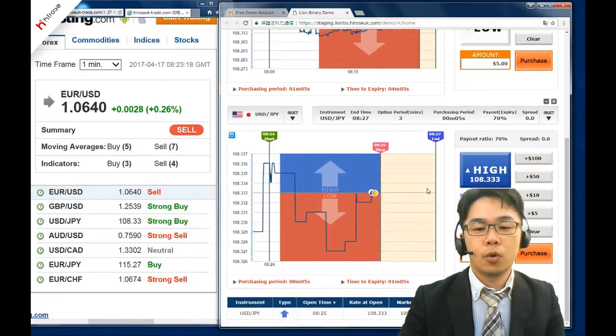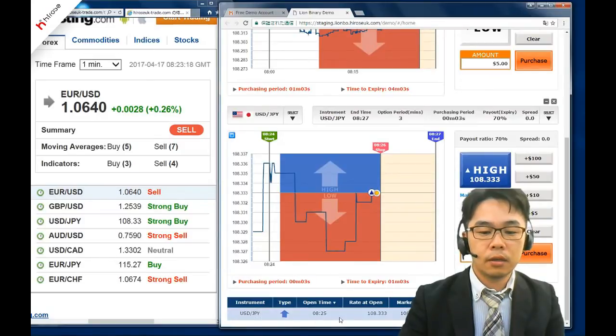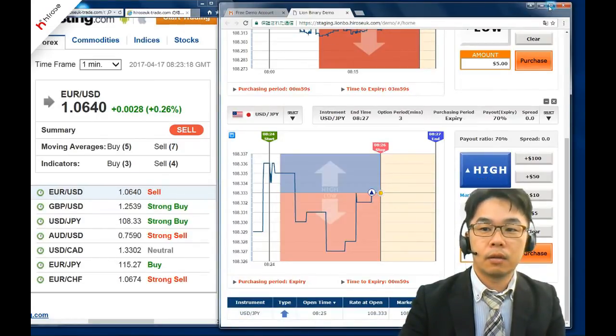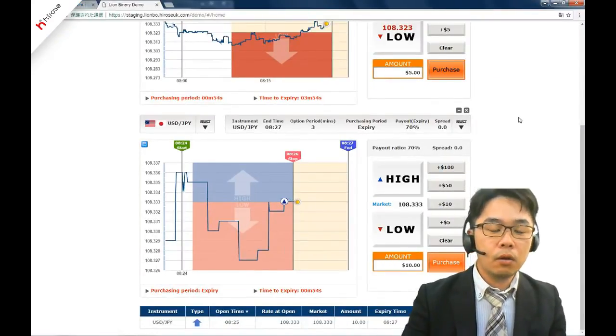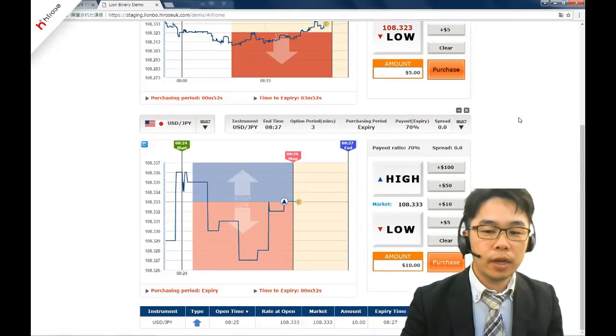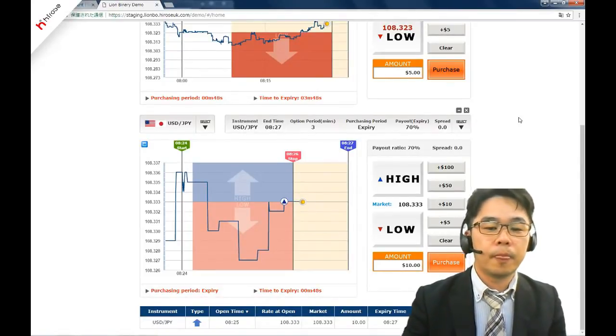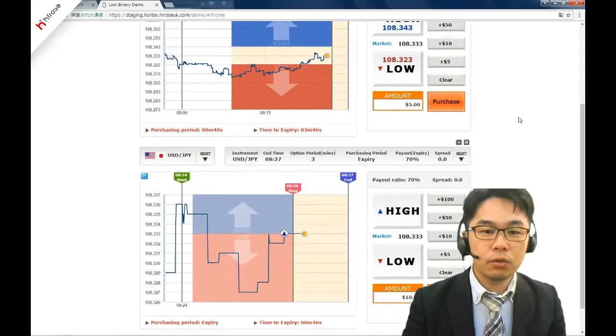Okay, so I made a dollar yen $10 high. Let's see. Now the market price has passed the stop line. So all I need to do is just wait for 1 minute to see the result.